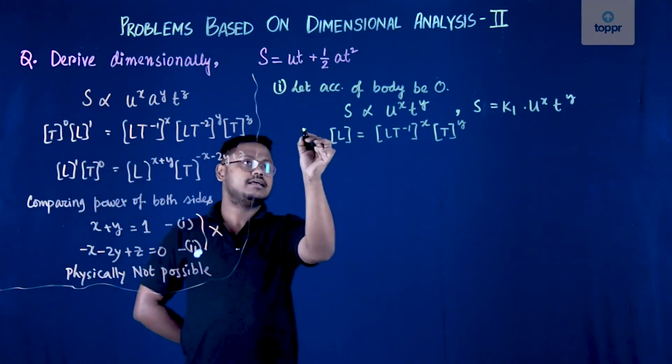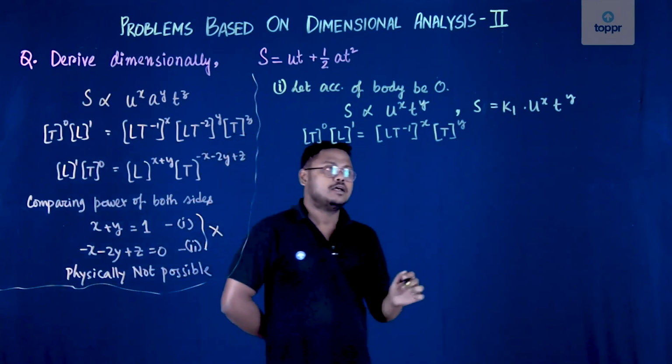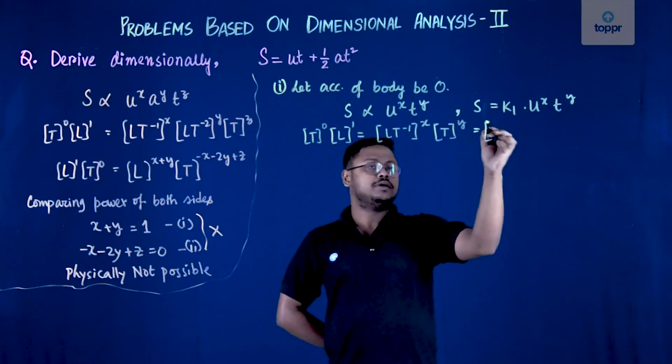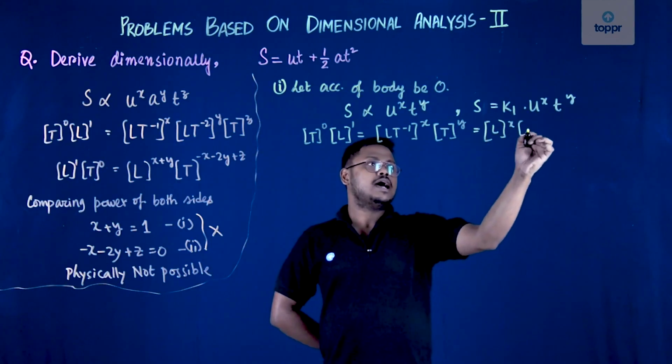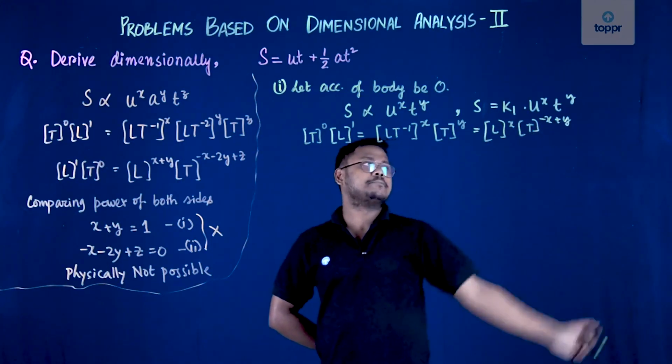Here I can write T to the power 0, L to the power 1. So if I capture the powers of L together, I can write L to the power x and T to the power minus x plus y, right.